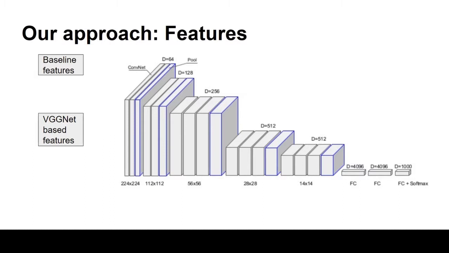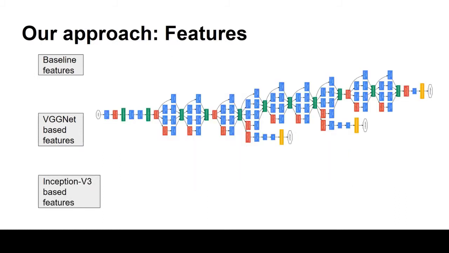So for all the images, 8,000 images in the Medico challenge, we take the outputs from the first fully connected layer as our VGGNet features. We have Inception V3 base features where we have a very deep network here, and we train it on, again, several large data sets, and then obtain representation from the final fully connected layer here in blue as features obtained from Inception V3.